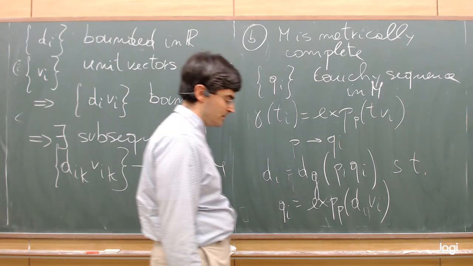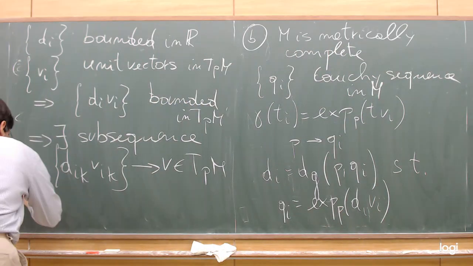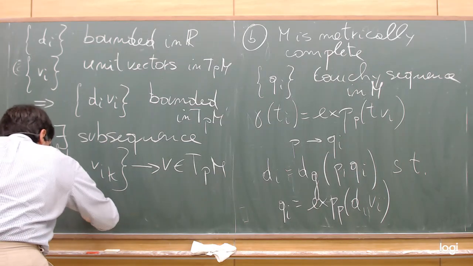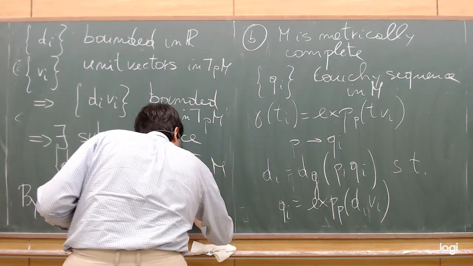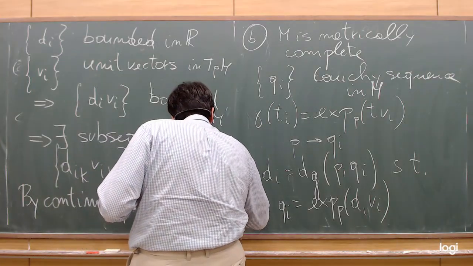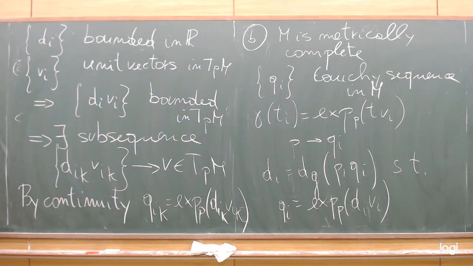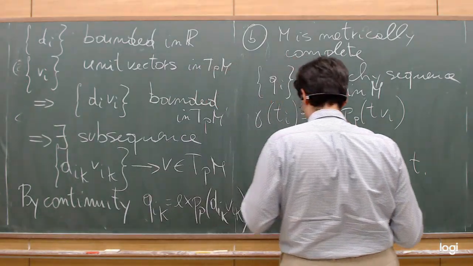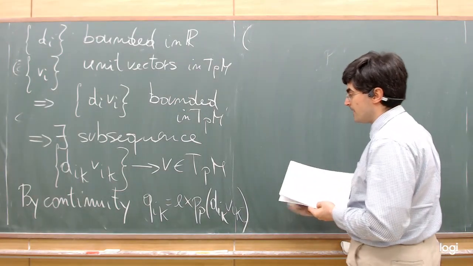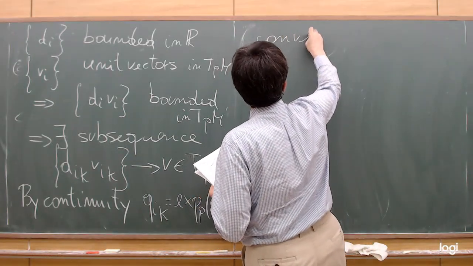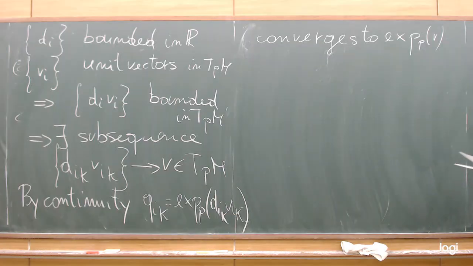Since the exponential map is continuous, by continuity q_{i_k}, given by the exponential map acting on d_{i_k} v_{i_k}, will converge to the exponential map acting on v.